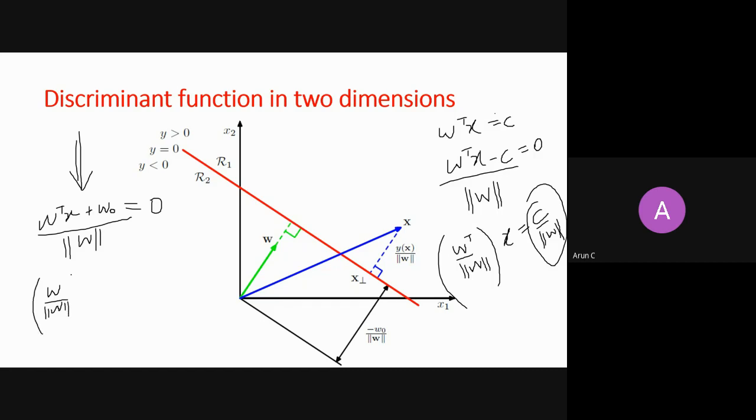You just take the projection with respect to all x, which is equal to minus W0 upon norm of W, right? Is this derivation clear to you? Yes or no?